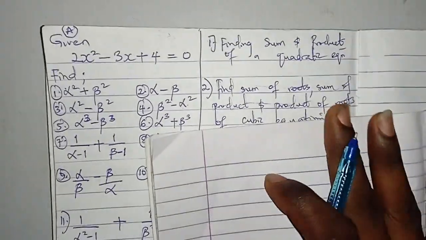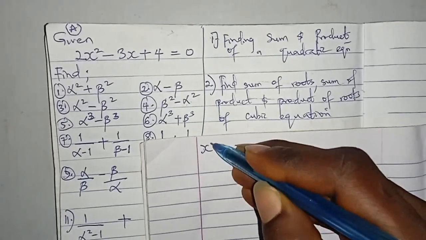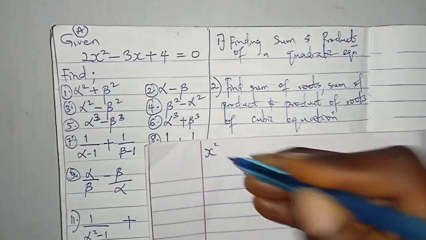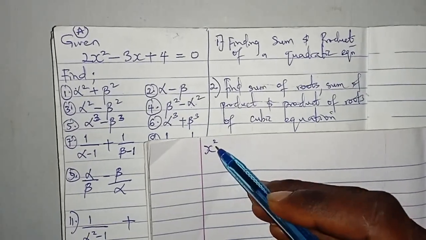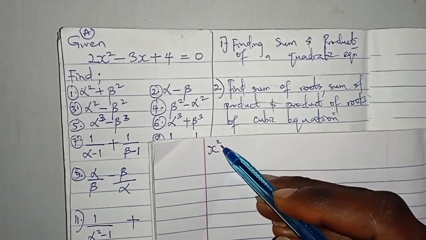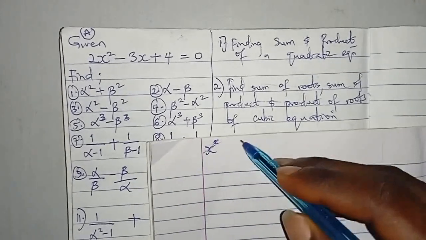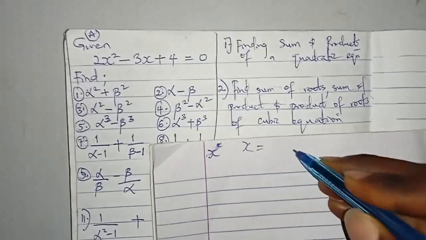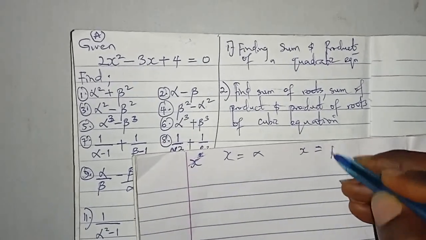So we simply do it this way. A quadratic equation is an equation whose highest power of the variable is 2. If we have this, it simply means that you have two solutions. So x is equal to alpha and x is equal to beta.